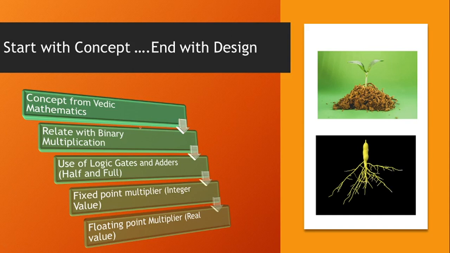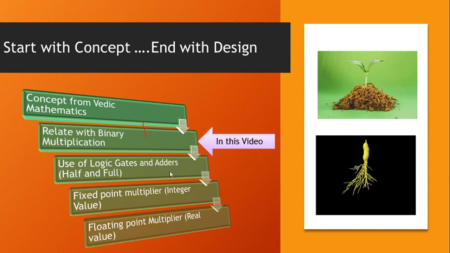From the Vedic mathematics concepts, we will go to binary multiplication and relate it, then we will implement this binary multiplier using logic gates and adders. After that we will make a fixed point multiplier for integer values and then a floating point multiplier. So in this video we are looking at binary multiplication based on the Vedic Mathematics Sutra, Urdhwtirgbhyaam.